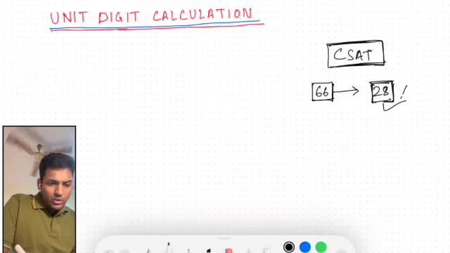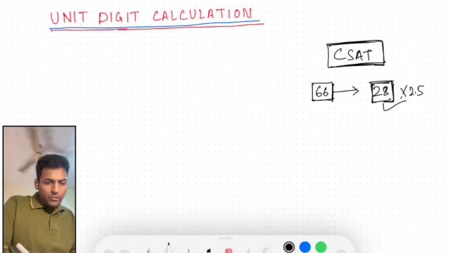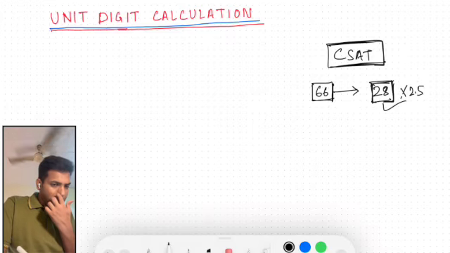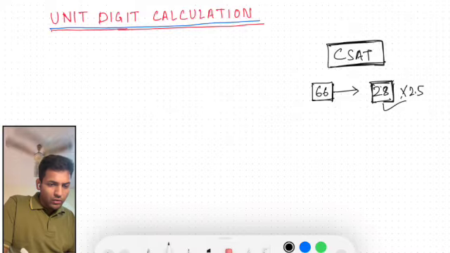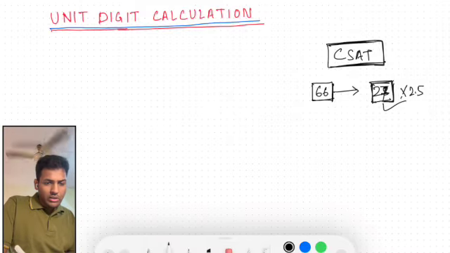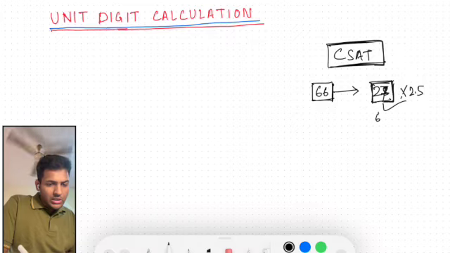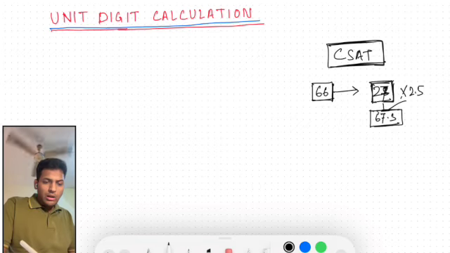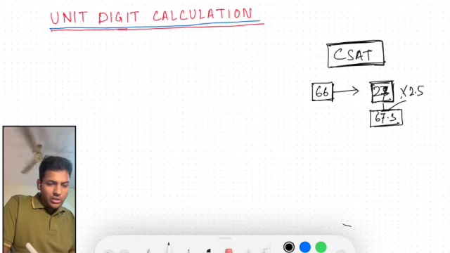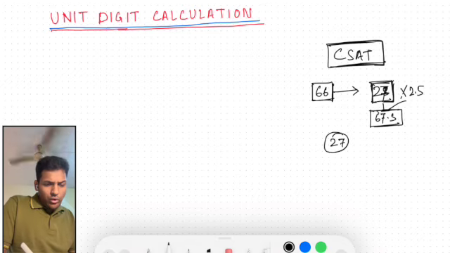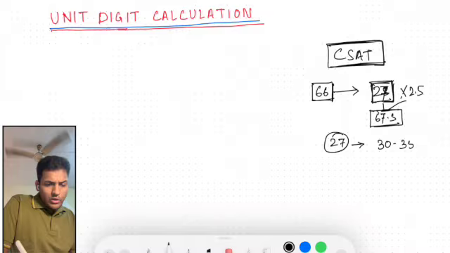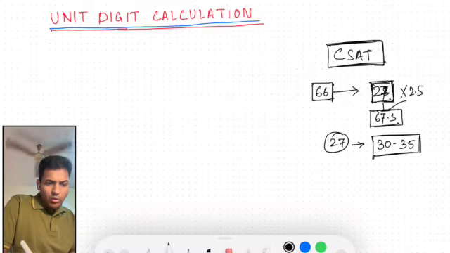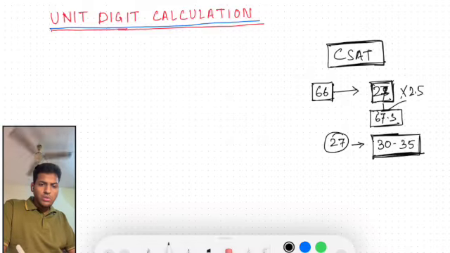Even 27 will do: 27 into 2.5 is 67.5. So 27 net correct questions will also do, not less. And for that, even if you have solved 30 to 35 questions with confidence, you are going to pass. The only thing is you need to solve these many questions with confidence.